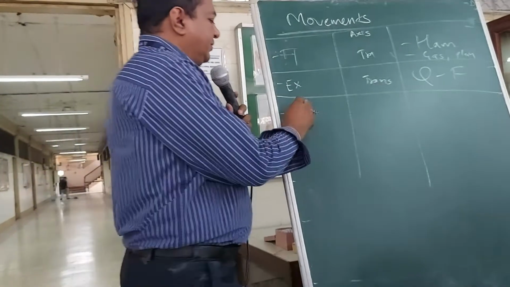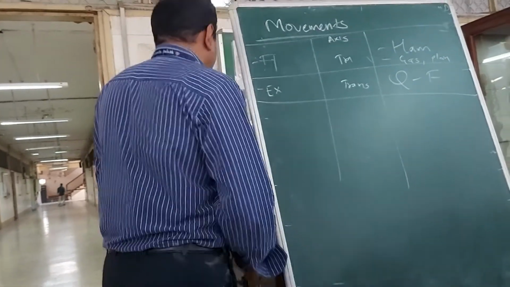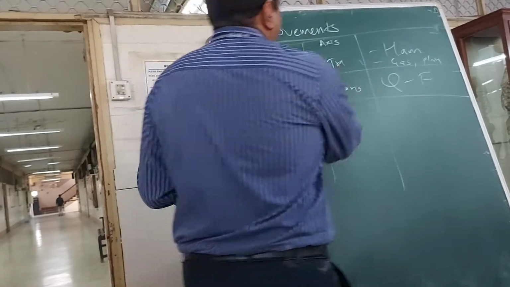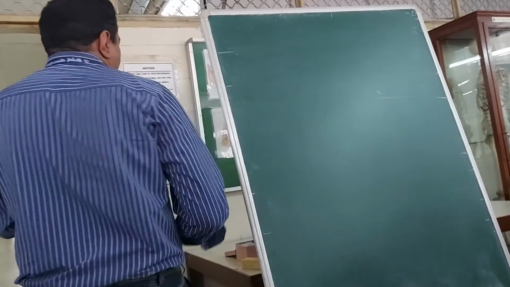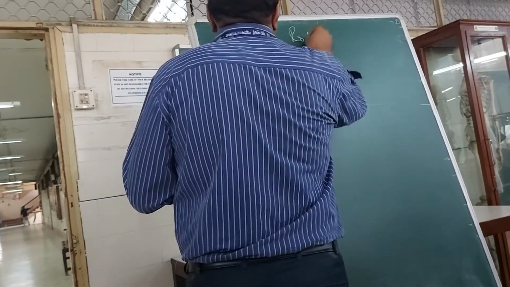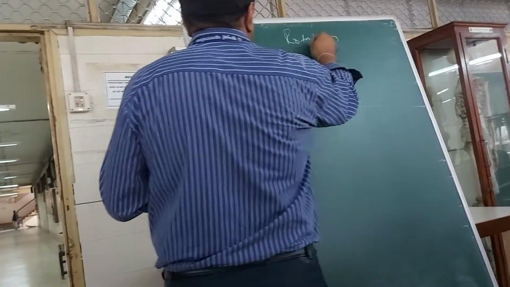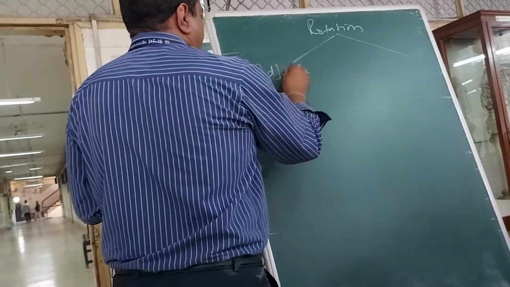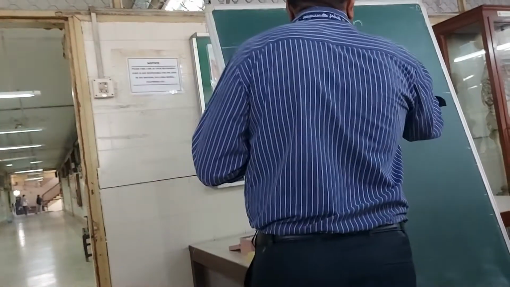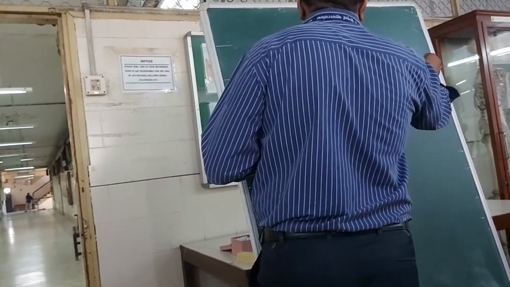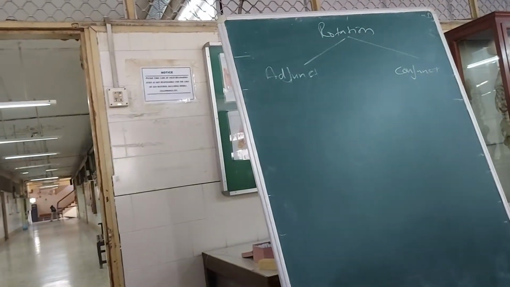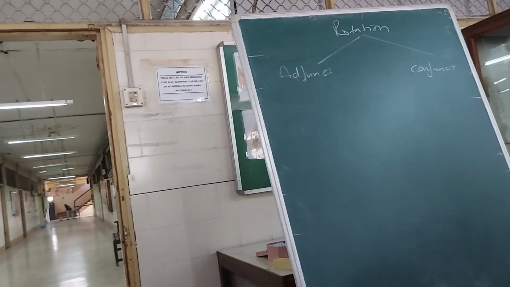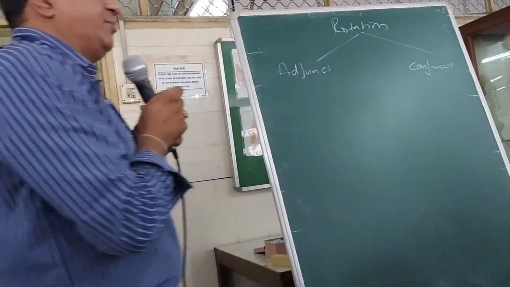Now the next movement is rotation of the knee. Two types of rotation are adjunct and conjunct rotation.